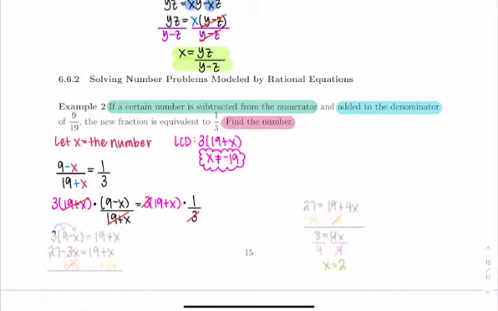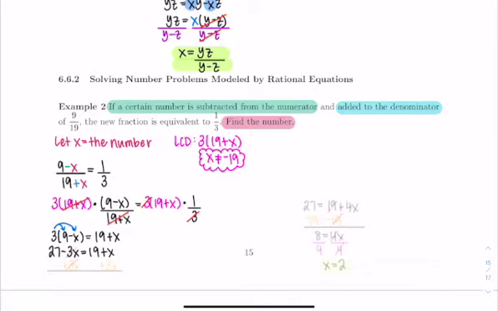And so what I have left over on the top is 3 times 9 minus x equals 19 plus x times 1, which is just 19 plus x. So we want to make sure that we're distributing the 3 to both pieces. So we end up with 27 minus 3x equals 19 plus x. And we want to get x to one side and we want to get our constants to the other.